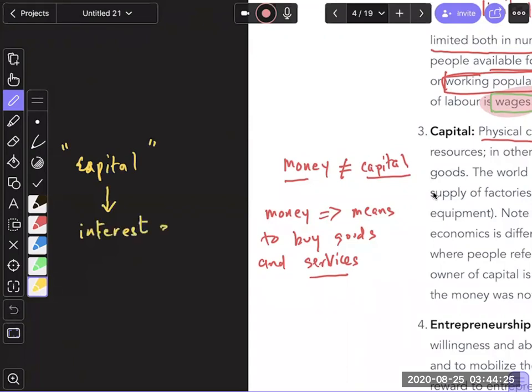Can somebody tell me why the opportunity cost of capital is interest? Sir, the money that's used to buy capital could have been invested somewhere, resulting in interest. Very, very good. Manahil, good job.